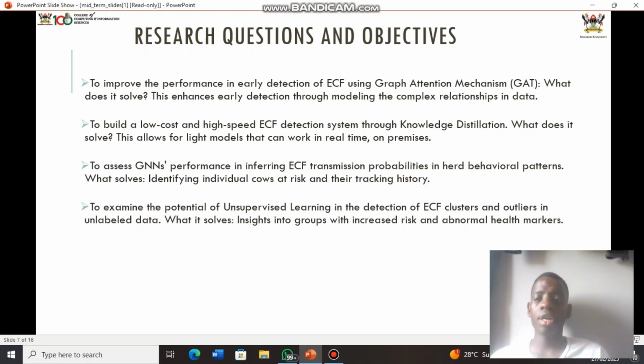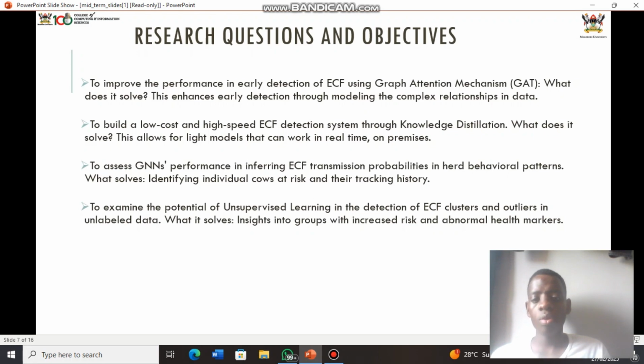This allows models that can work in real time and on premises while we expect an outbreak. Third, to assess graph neural network performance in inferring ECF transmission probabilities and failure patterns. This identifies individual cows at risk and tracks their history.